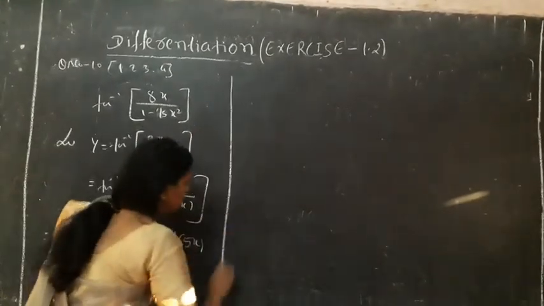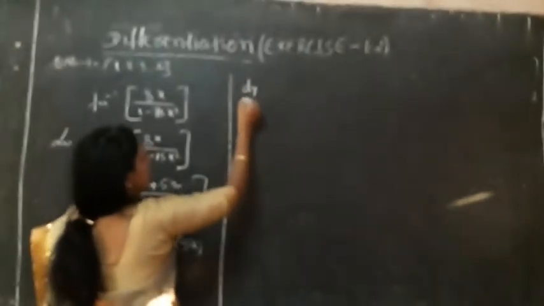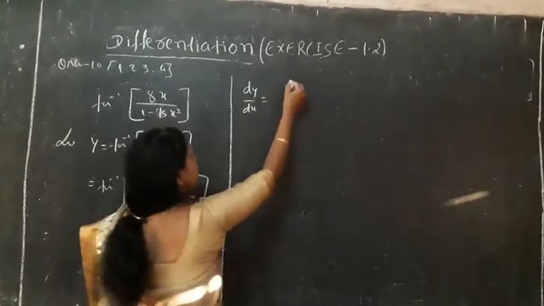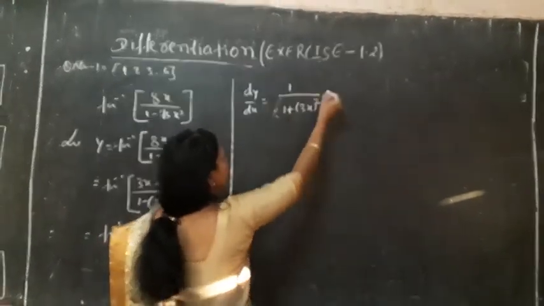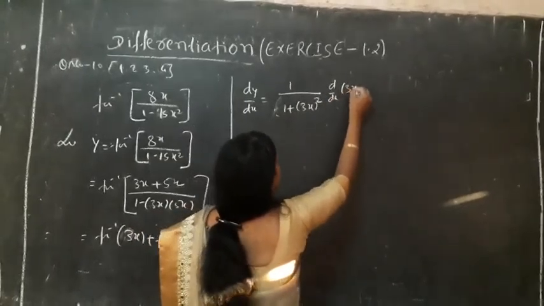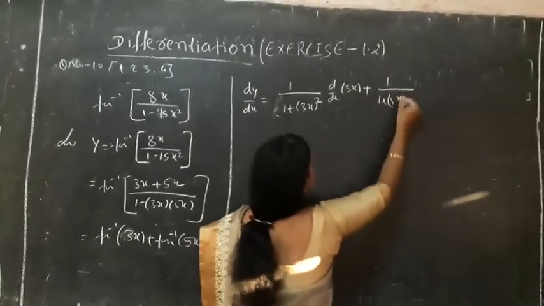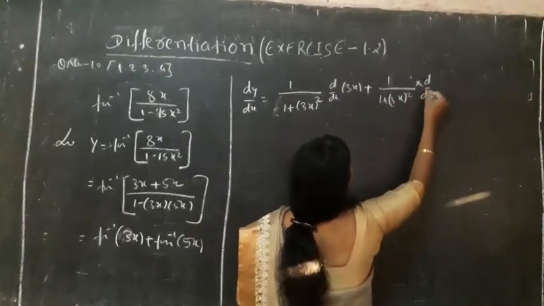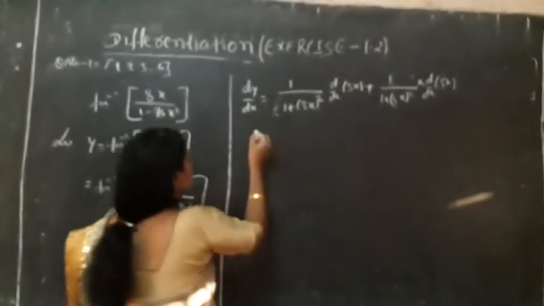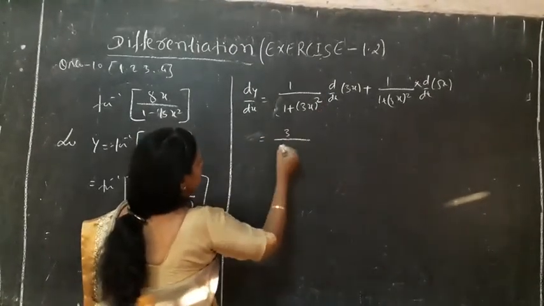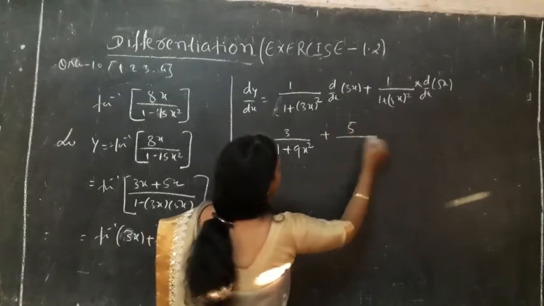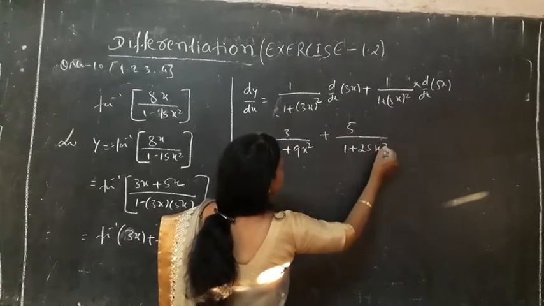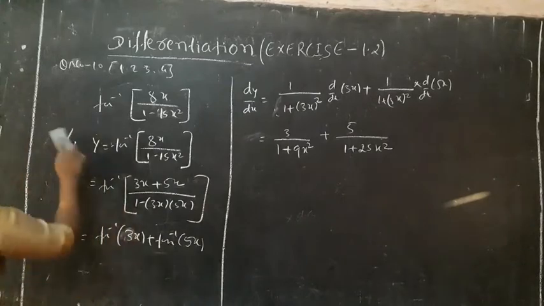So differentiating with respect to x, we can write dy upon dx equal to 1 divided by 1 plus (3x) raised to square into d dx of 3x, plus 1 divided by 1 plus (5x) raised to square into d dx of 5x. Next, differentiation of 3x is 3. This becomes 3 upon 1 plus 9x square plus 5 divided by 1 plus 25x square. This is the answer. Okay.